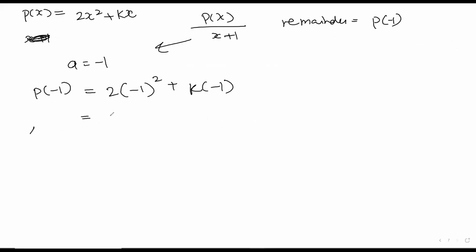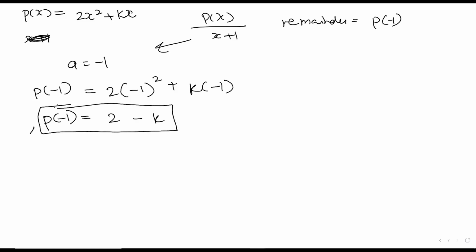It's 2 into 1. And plus -1k. So plus -1k means minus k, right? Can I write minus k? Yes, ma'am. Okay. So we are saying that p of -1 is 2 minus k.